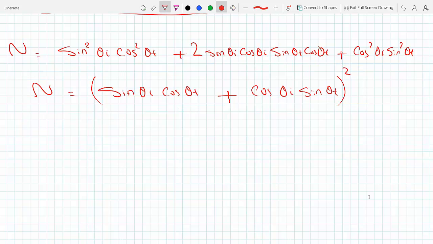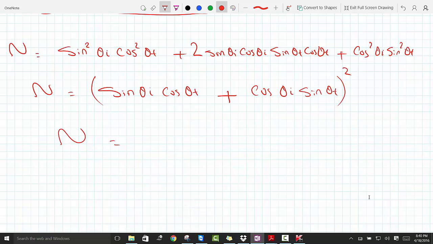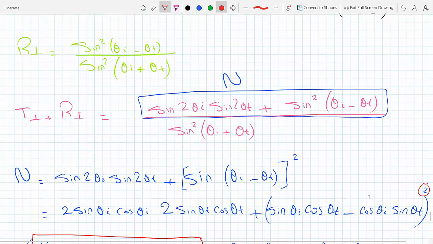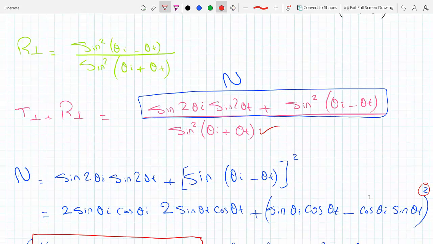Let me go a step further. So this is sine cosine plus cosine sine. This is using the sum angle identity. This is sine the first plus the second, so sine theta I plus theta t all squared. And the denominator is the same exact thing.